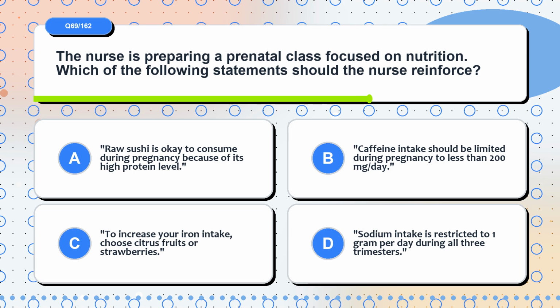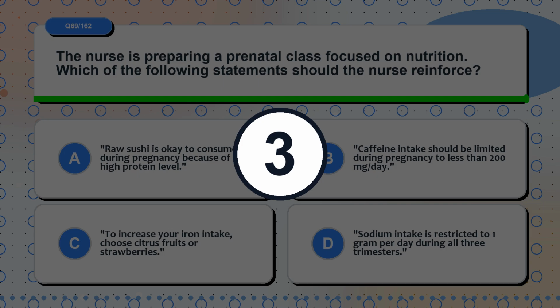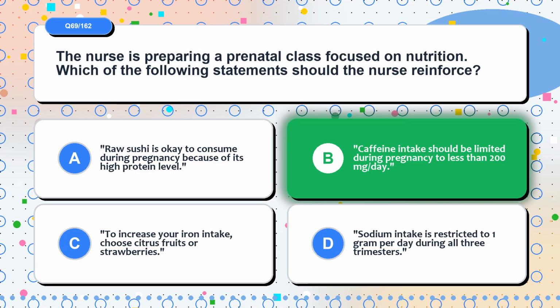Option C. To increase your iron intake, choose citrus fruits or strawberries. Option D. Sodium intake is restricted to 1 gram per day during all 3 trimesters. The correct answer is option B.